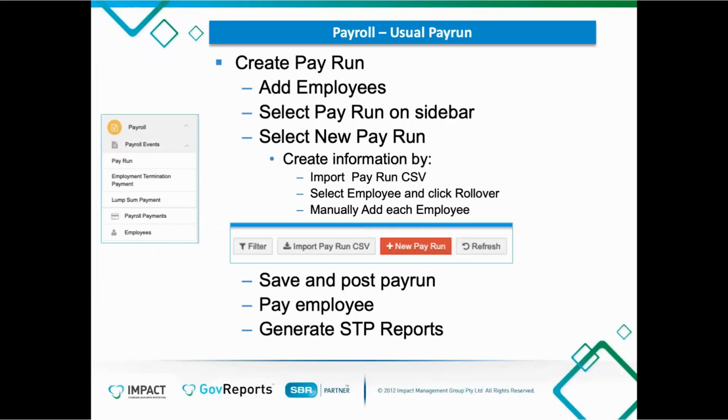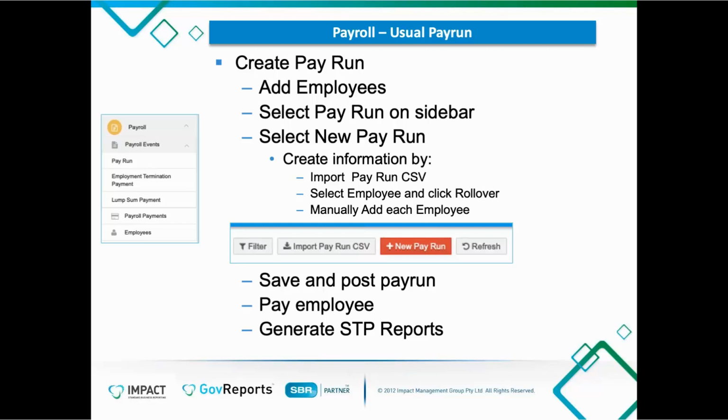So to create the pay run, obviously you've got to add all of your employees. Then you select your pay run on the sidebar, which again, if you're using GovReports, you probably find very easy to recognise. Then you select your new pay run. And there are 3 different ways you can get the information into this pay run, very similar to GovReports, in that you can import a CSV pay run file if you have that.